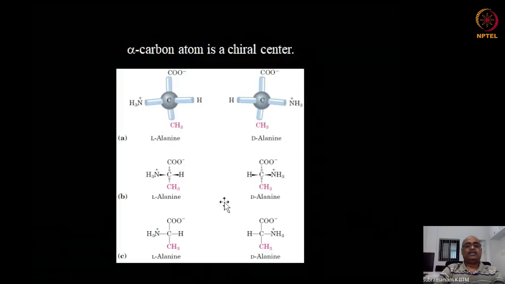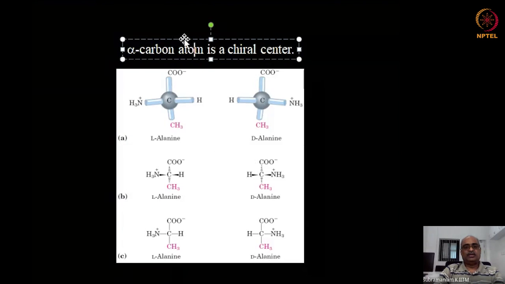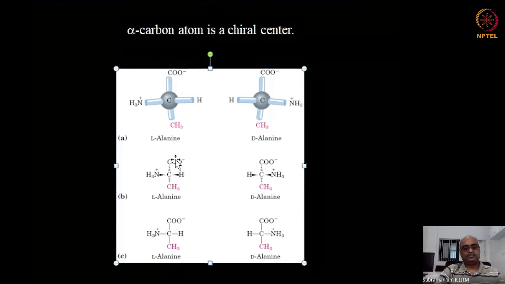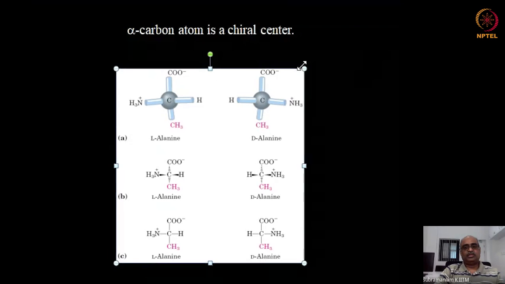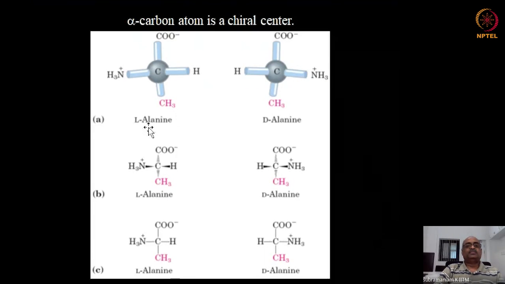I already told you that the alpha carbon is a chiral center. Let me make this a little bit bigger. Yeah, so you can have a bigger picture. Alanine has a slightly more complex group than glycine. Instead of hydrogen, here you have a methyl group.